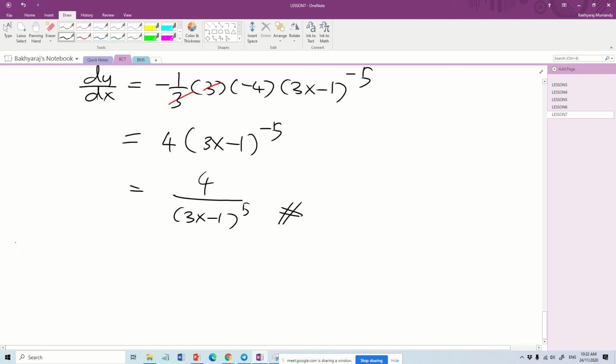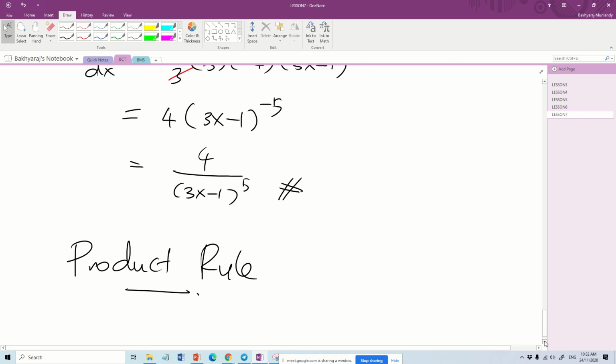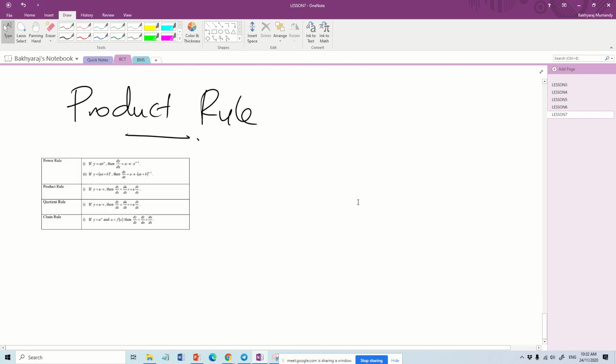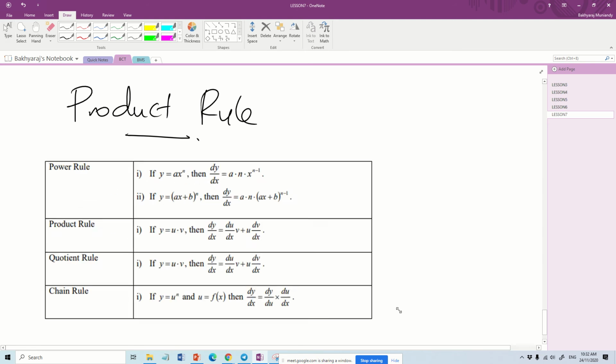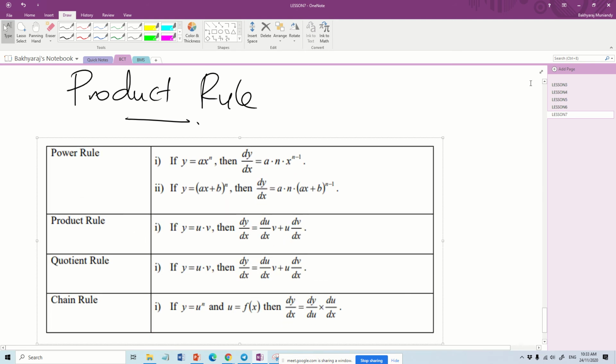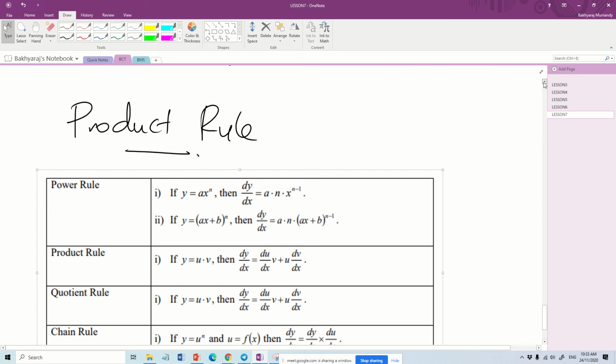So product, okay, we look back what is the formula. Product rule. Okay, kita tengok balik what is formula. So the formula is... okay, dah laju okay, ada yang belum copy lagi?